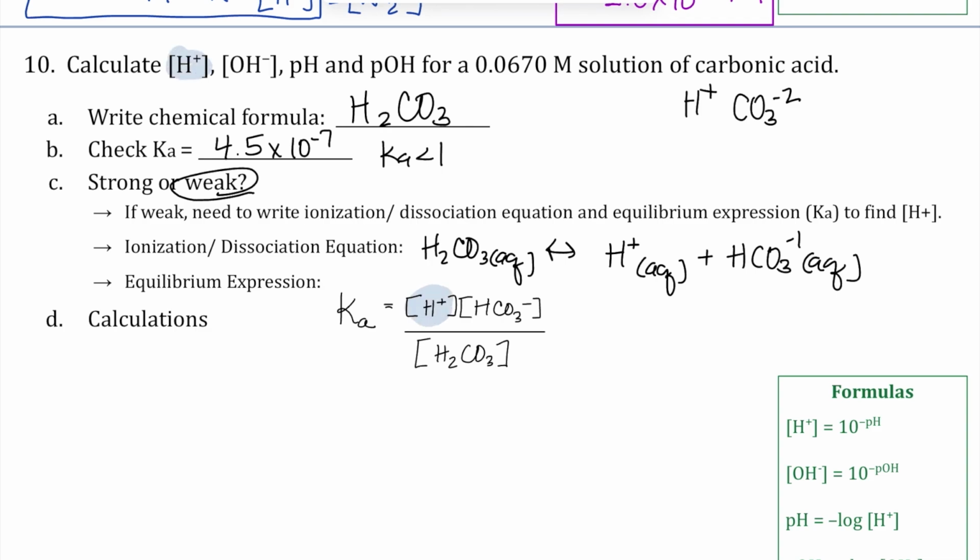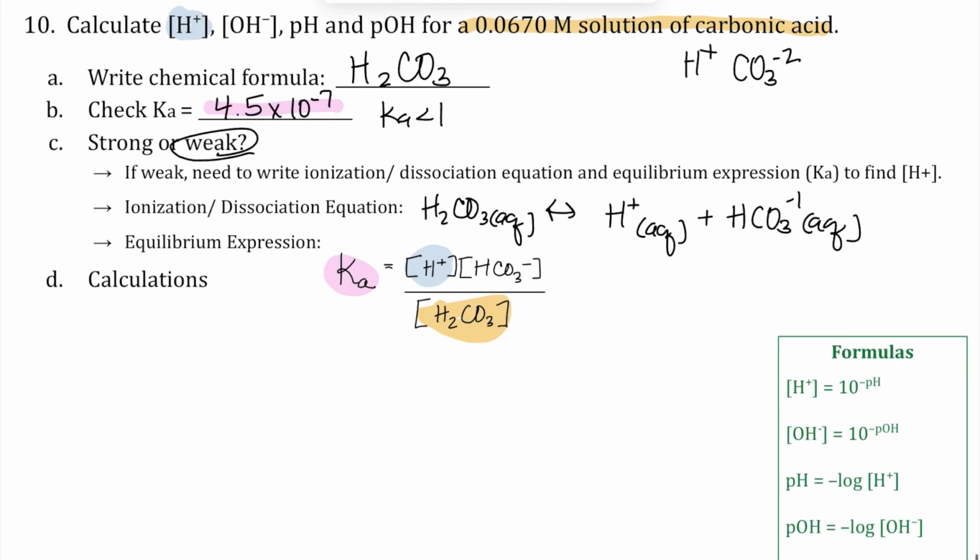We can plug in the information that we know. I have a Ka value, and my problem told me my solution's concentration is 0.0670. So let's plug those in. I've got my Ka, which is 4.5 times 10 to the negative 7. On the bottom, I've got the concentration I was given in my problem, 0.0670.